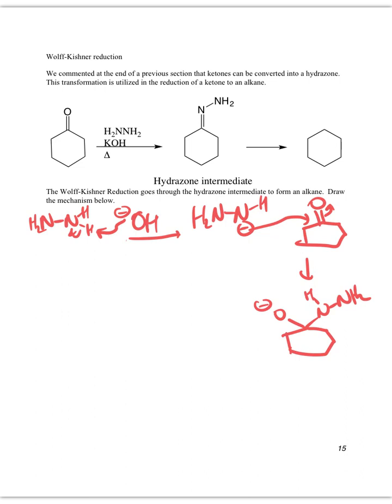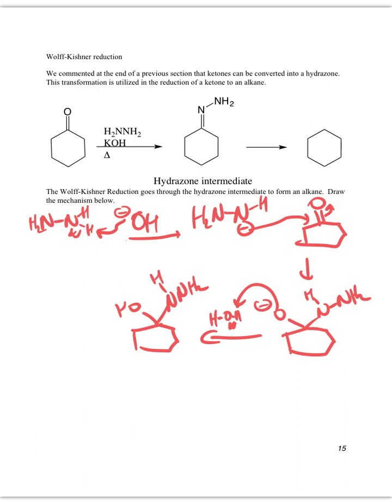That O- needs to grab a hydrogen and take one off of the water we just formed off of a hydrazine, reforming a negative charge on our hydroxide. So we get here.